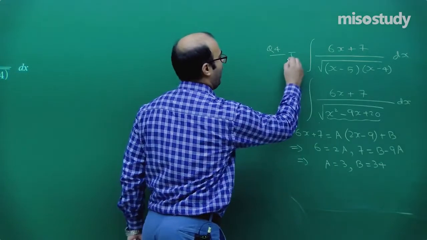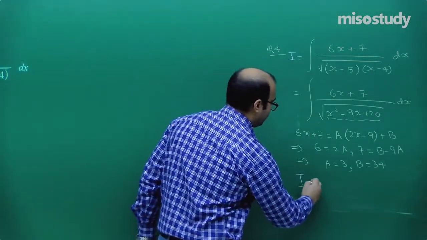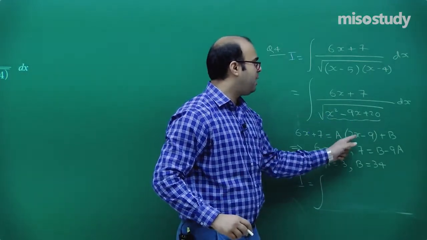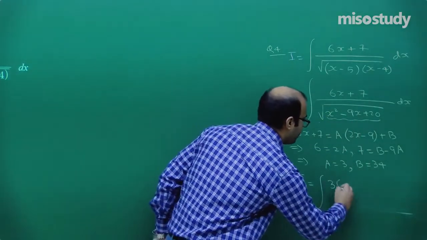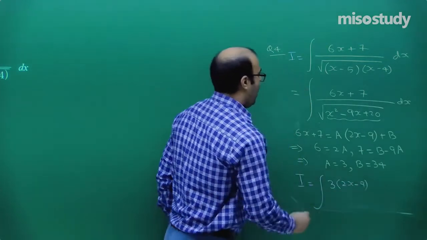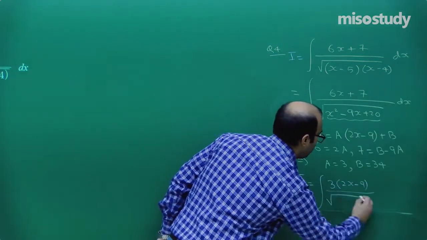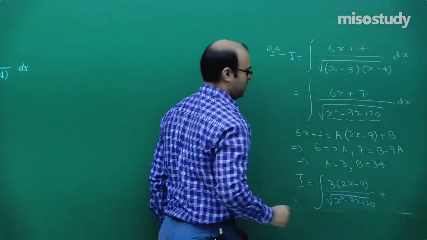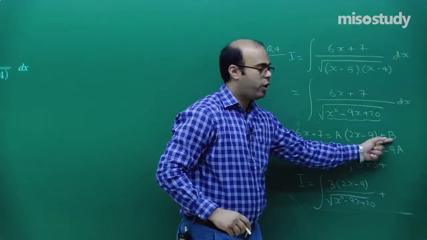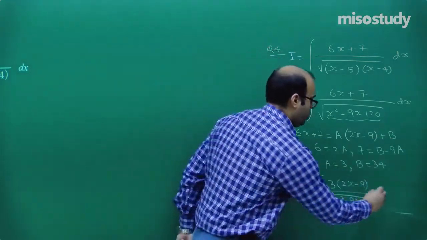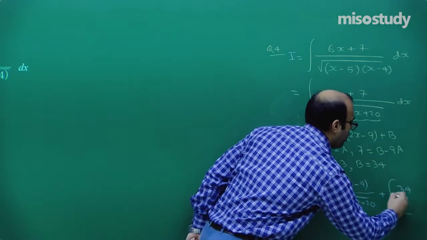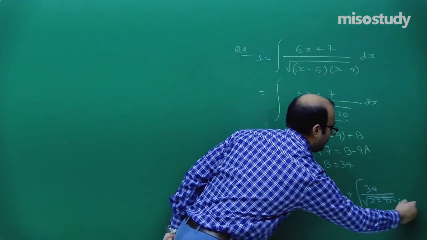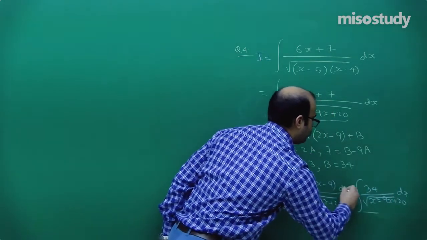So, the integration I can now be written as, if we want to write 6x plus 7 as 3 times (2x minus 9), this becomes 3 times (2x minus 9), and the denominator is root over x square minus 9x plus 20, plus, we have a b constant also here. So, b is 34. So, integral of 34 upon root over x square minus 9x plus 20, here also dx you have to put, here also dx you have to put.